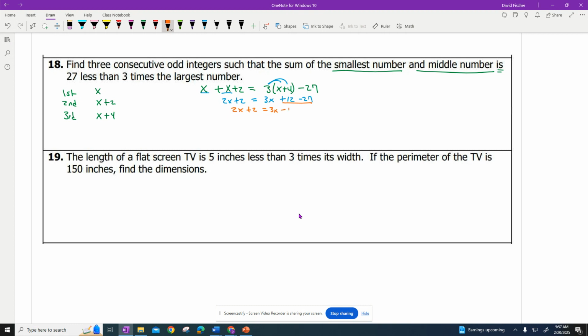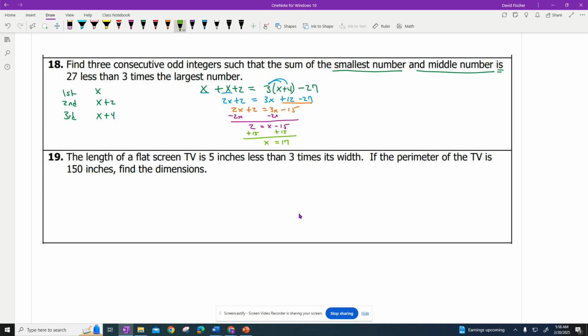It's a negative 15. Okay. I want to get my x's to the other side here to keep them positive. And let's get that 15 to the other side. I'm getting x equals 17.